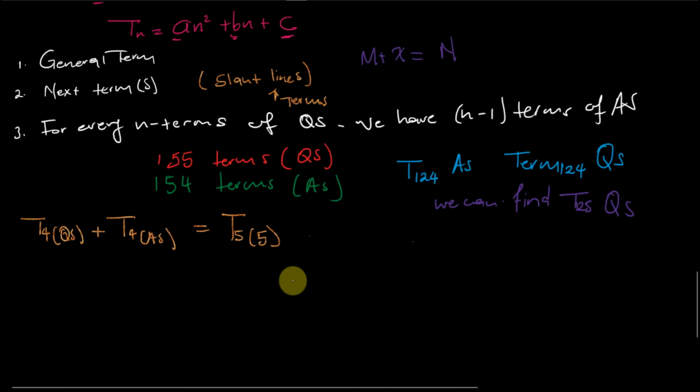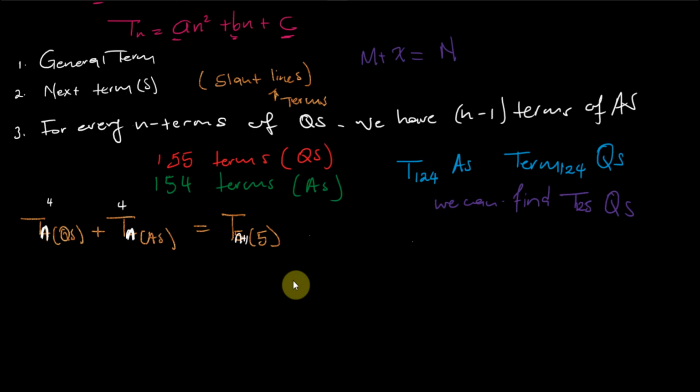But what if we replace this with n and make up a general term for this? What if we just say Tn of a quadratic sequence plus Tn of an arithmetic sequence, since this was 4 and this was 4 and this is greater by 1, we can say Tn plus 1.